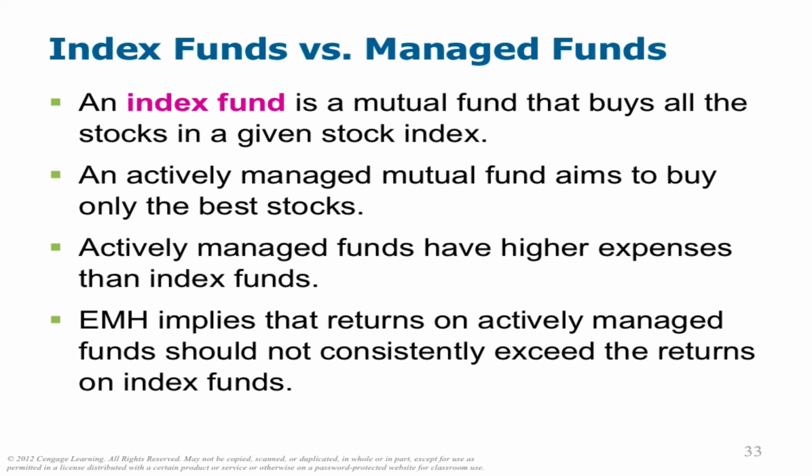Because we know about the efficient market hypothesis, we know that the returns on an actively managed fund shouldn't really exceed what the average going rate of growth is.